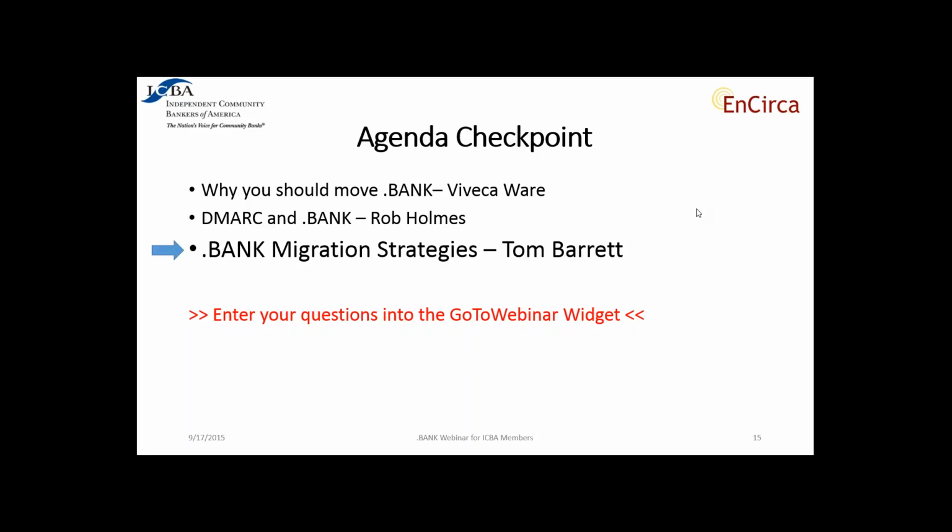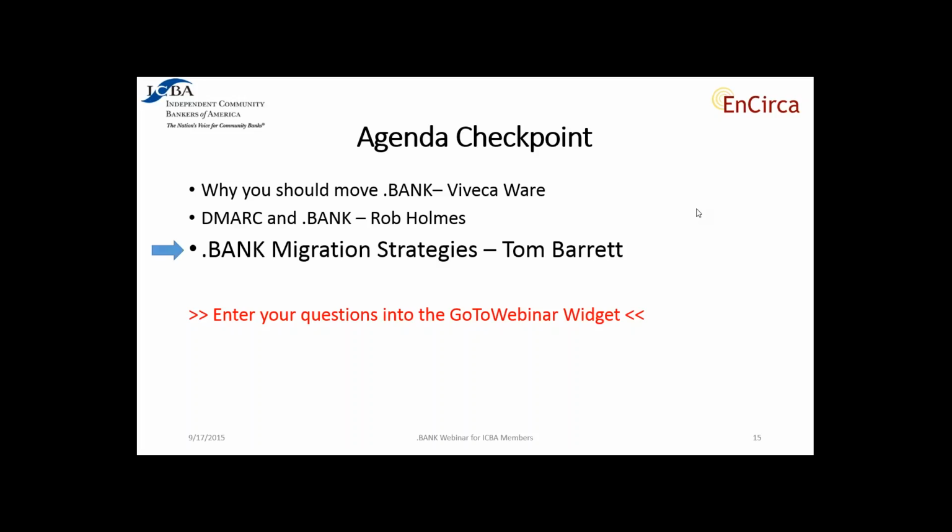All right. And just to do a quick checkpoint, as Viveka said earlier, there have been about 5,900 .bank registrations since the launch of .bank. There are about 20 resellers like Encirca selling .bank, and they do not include folks like GoDaddy or Network Solutions because of the extra work required by the registrars in order to support .bank.